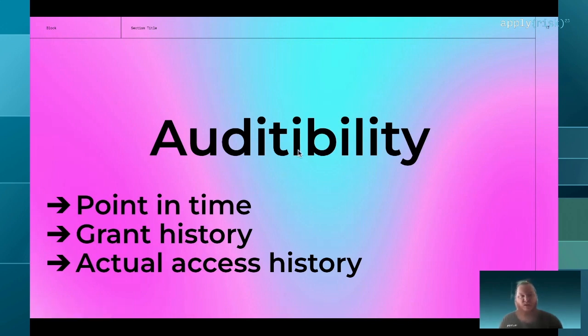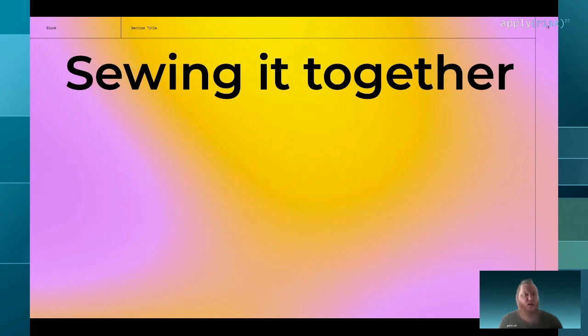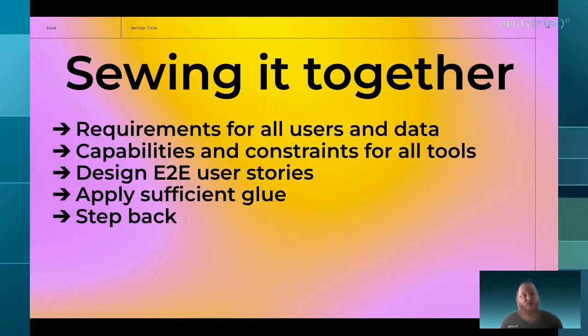Okay, so sewing it all together. Given all of this heterogeneity, how do we actually build a platform that supports our users' needs? So this is just my high-level workflow for approaching this. The first is just to gather requirements from all users and all data owners.